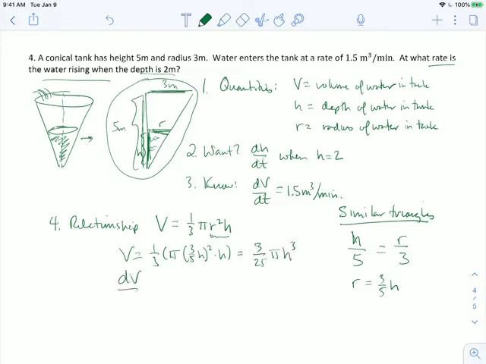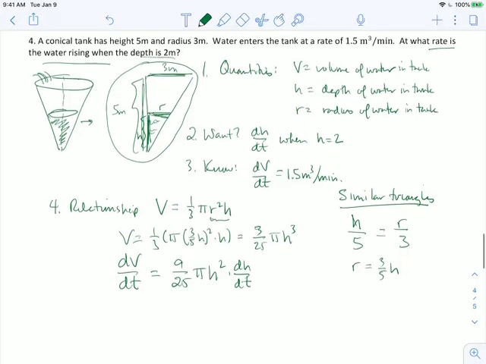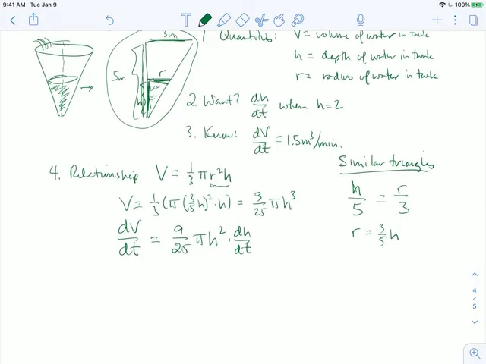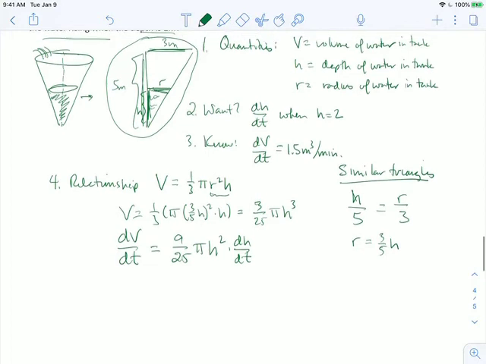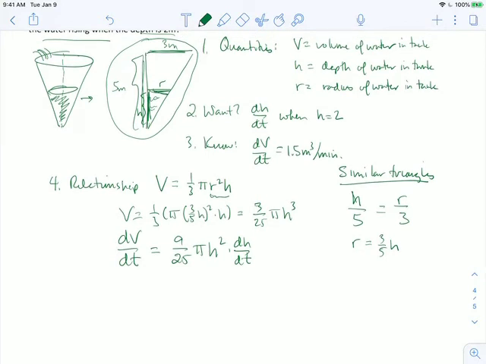Implicit differentiation time now, dv over dt is going to be equal to 9/25 pi h squared times dh over dt. And now I can substitute in. I'm told that dv over dt is 1.5 meters cubed per minute. I'm told that h is 2 meters.